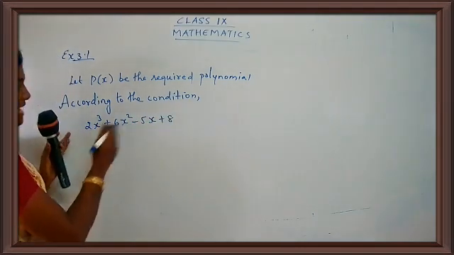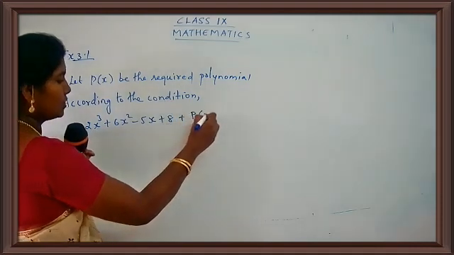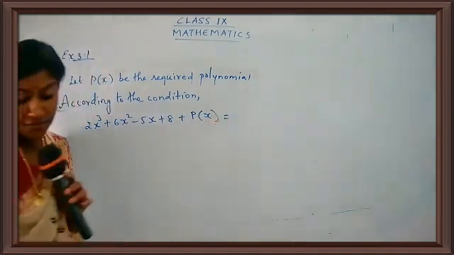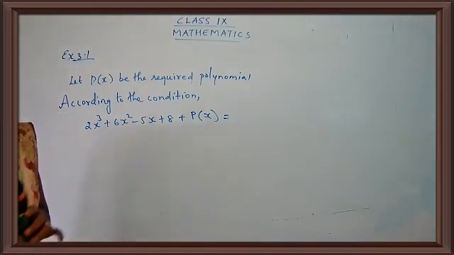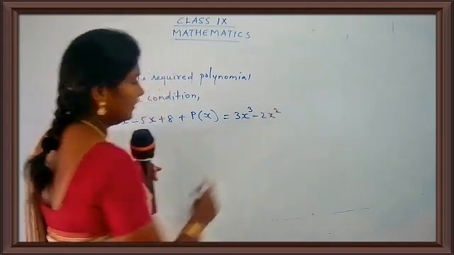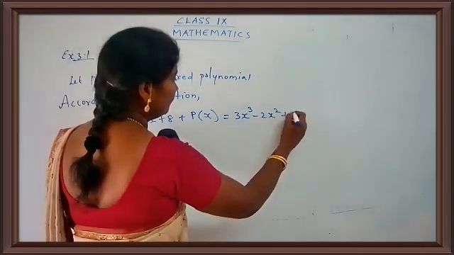Something is added to this. What is added to this? P(x). So when I add P(x) to this polynomial, what is the answer we get? We get the answer as 3x cube minus 2x square plus 6x plus 15.